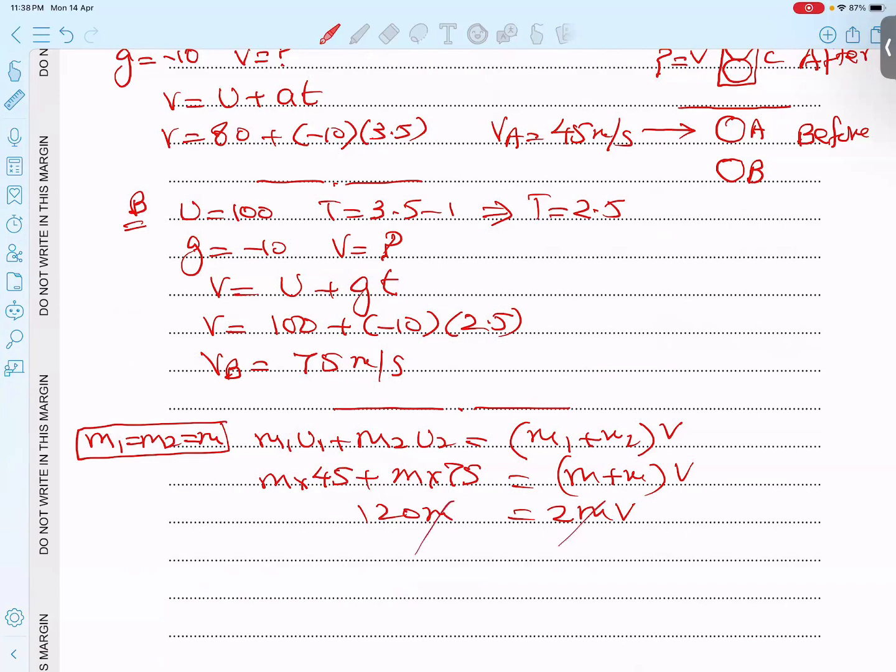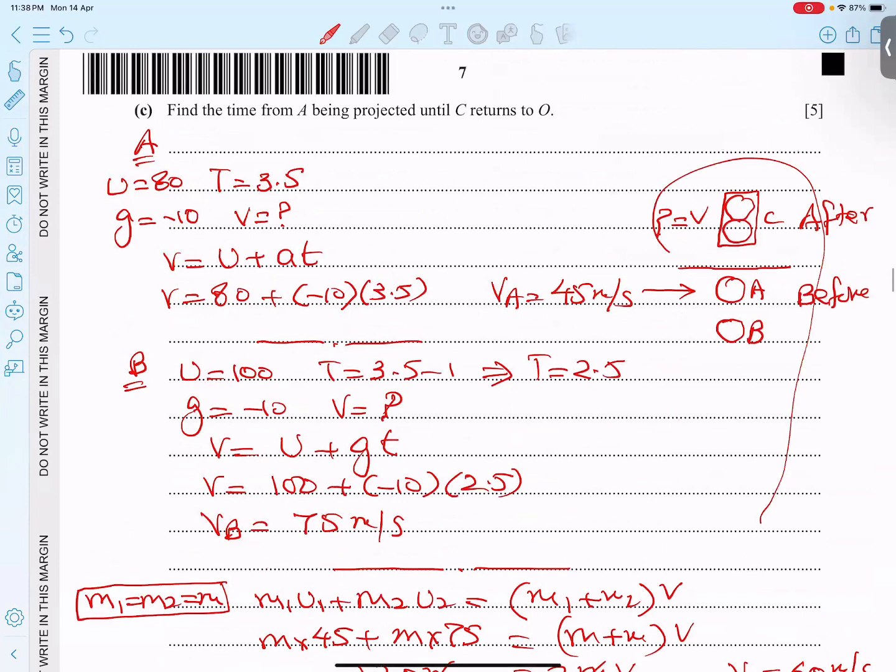Mass cancels, and I got the velocity just after hitting as 60 meters per second. So this is the velocity after the collision.